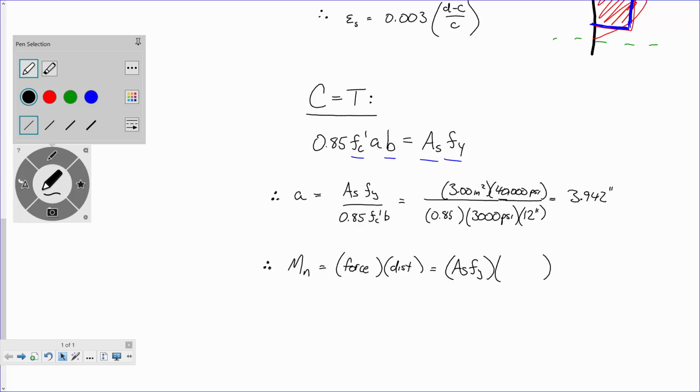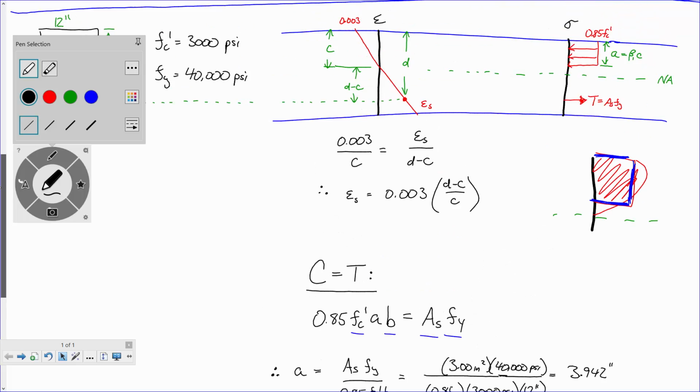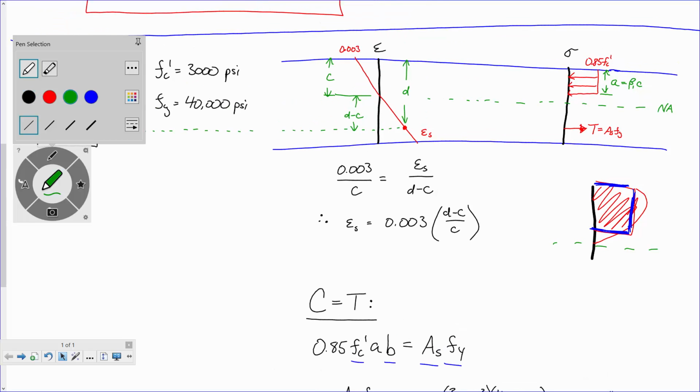Now that takes care of my force. What about my distance? Well, my distance, if I go back, I'm looking here in the top right on my stress profile. Would you agree that the resultant of my compressive force is probably going to be somewhere right there?